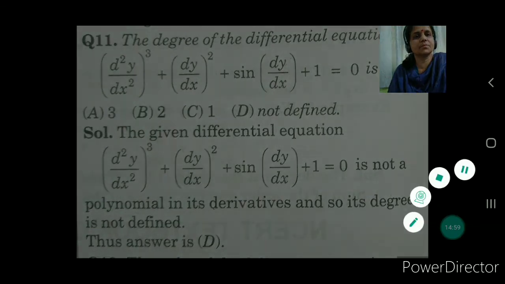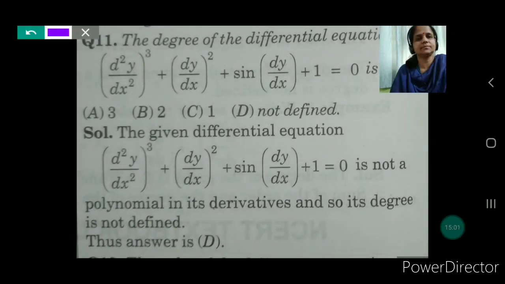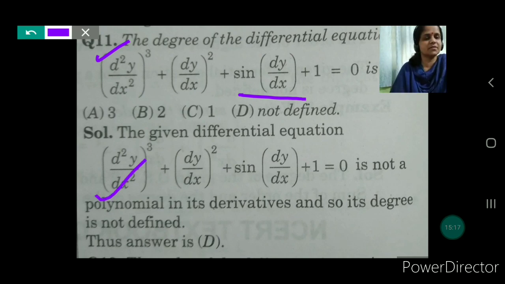Now question number 11: degree of the differential equation. You have to find only the degree. Here, students, you see that it is not a polynomial equation in its derivative and its degree is not defined. So the answer is D.